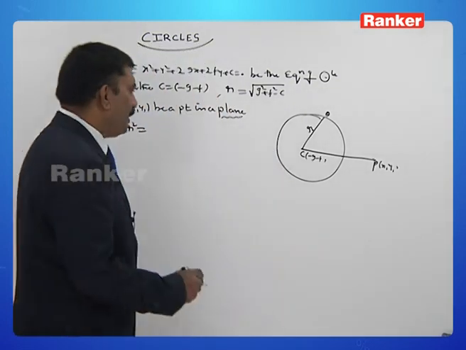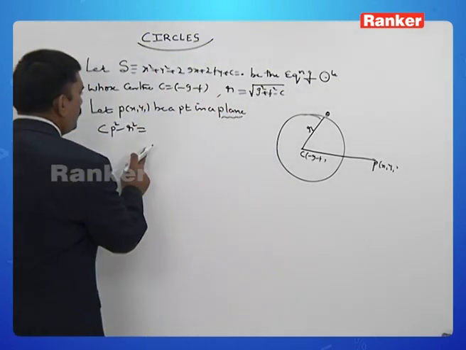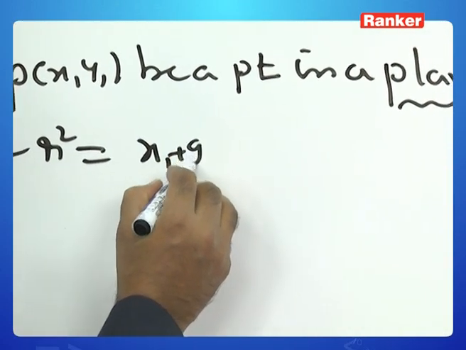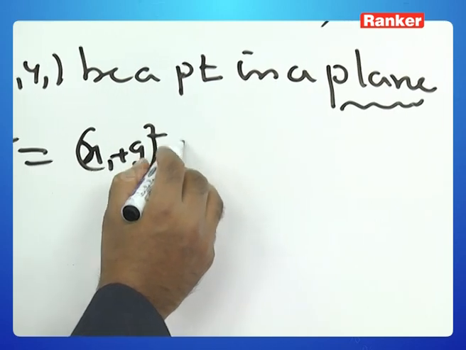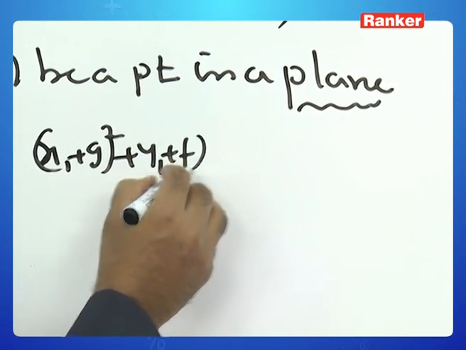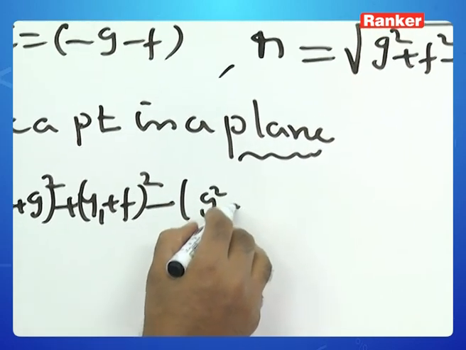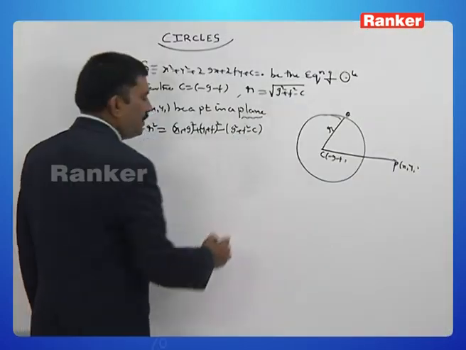Now I am going to find CP square. Applying the distance formula, this becomes x1 plus g whole square plus y1 plus f whole square, minus of g square plus f square minus c.